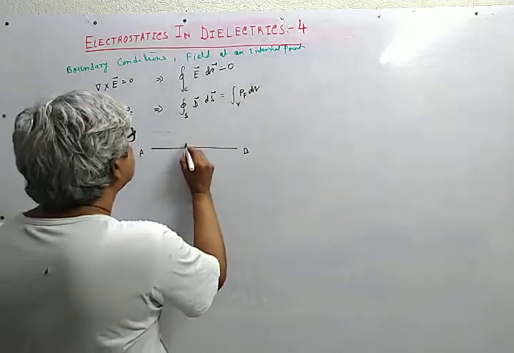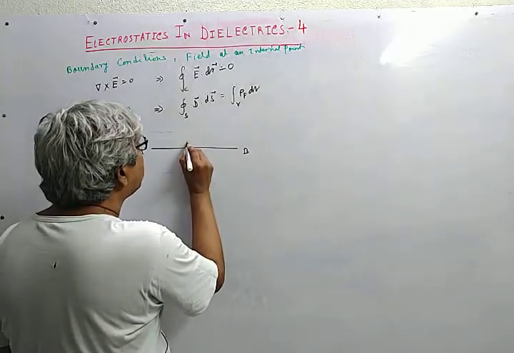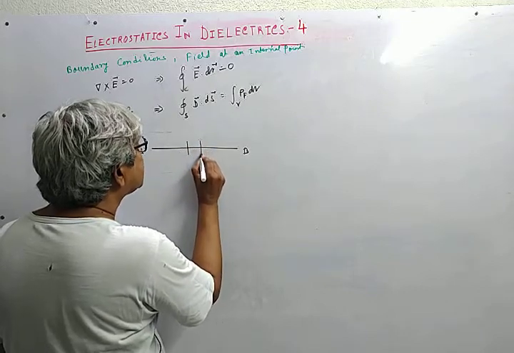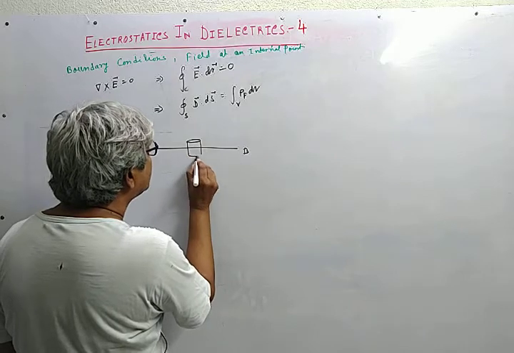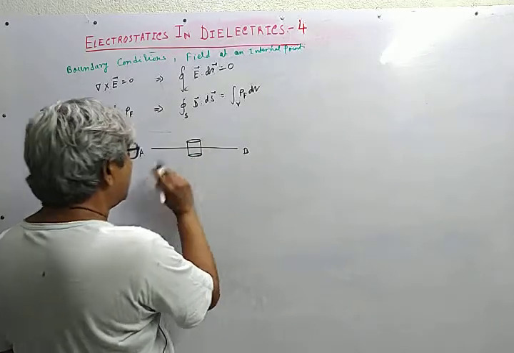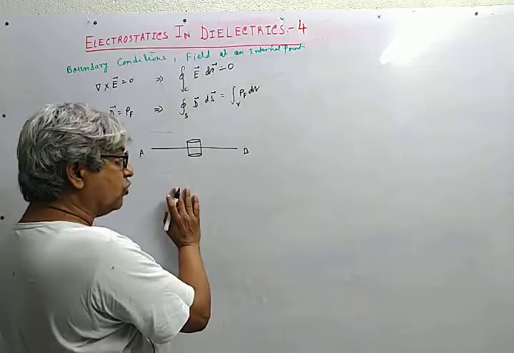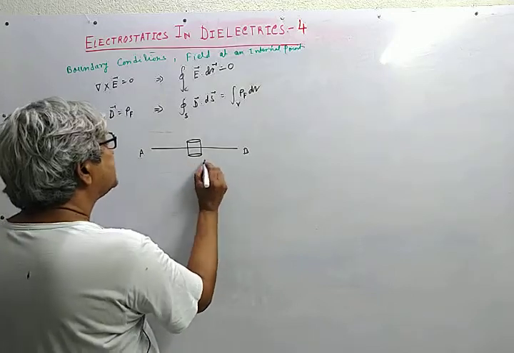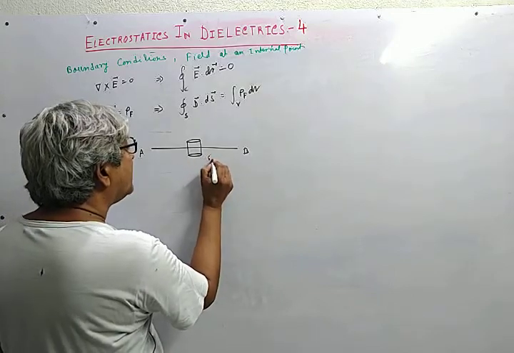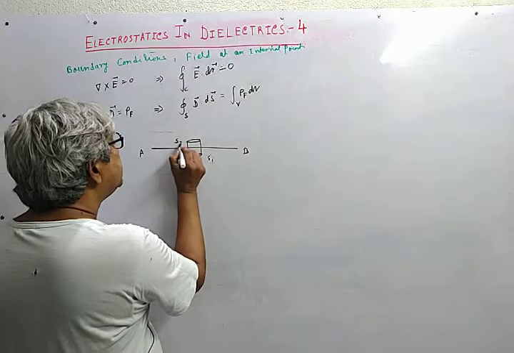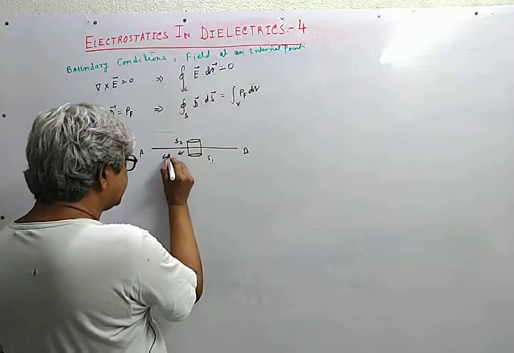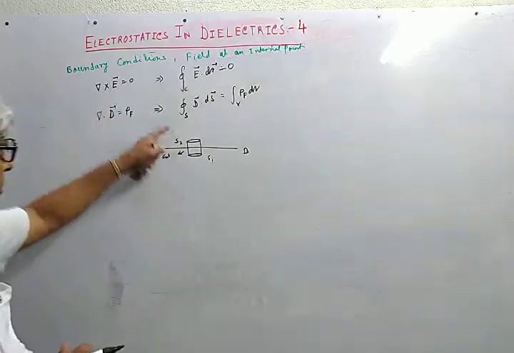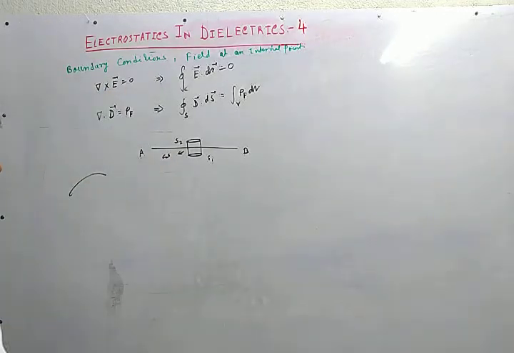And we consider a Gaussian pillbox which extends a part in medium 1, another part in medium 2. This Gaussian pillbox is a closed surface comprising surfaces S1, S2 and the curved surface.